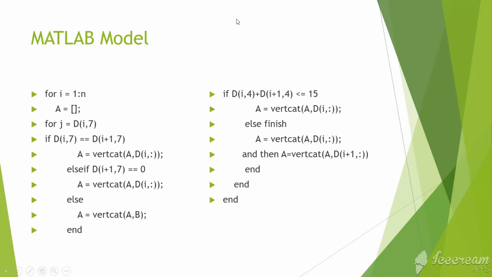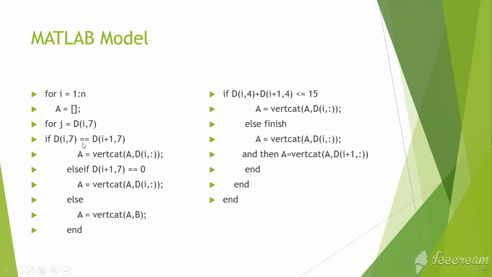Since my MATLAB model did not work, I'm going to explain what I was trying to do with it. Given the data set D, for i equals 1 to the number of data sets, I'm creating an array called A where I can record the order of my route.